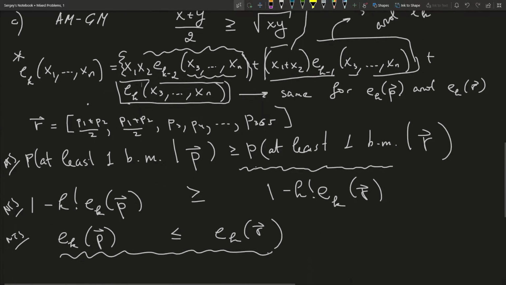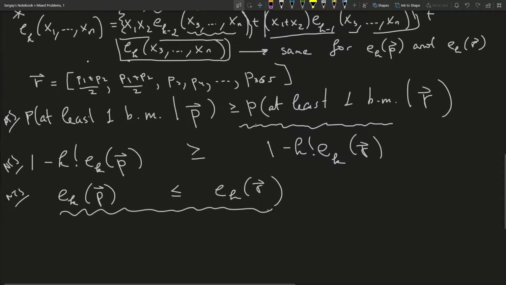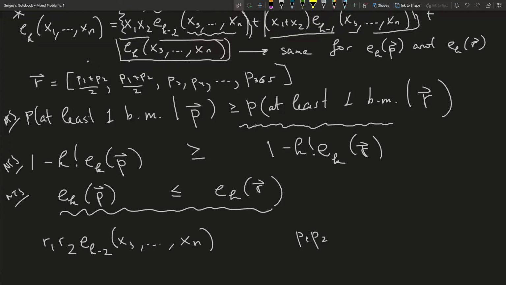So comparing the two elementary symmetric polynomials boils down to comparing R1, R2, k minus second elementary symmetric polynomial from x3 to xn, and P1, P2, k minus second elementary symmetric polynomial.